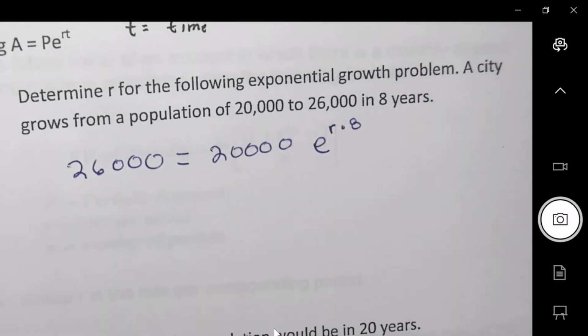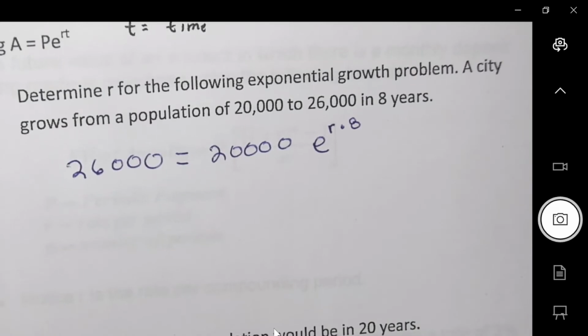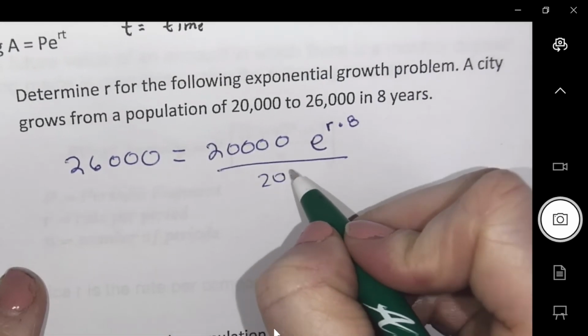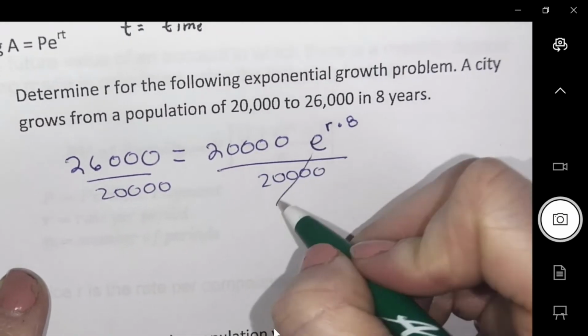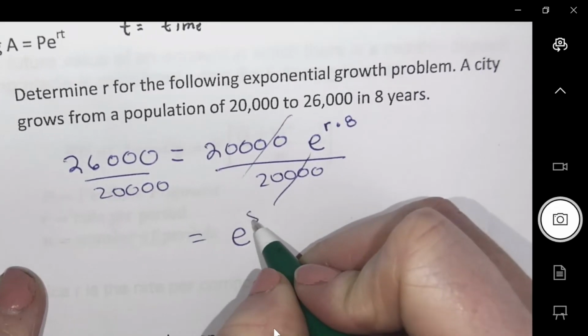Okay, what do you want to do first? Try to find the r. I want to try to find the r, but how do I algebraically get there first? Divide. That would be helpful to make this look nicer. I'm going to go e to the 8r.